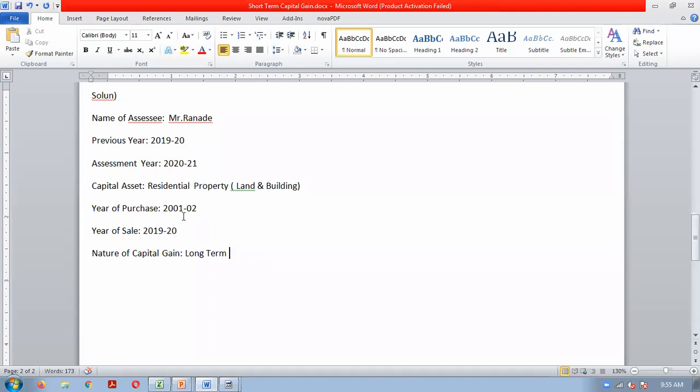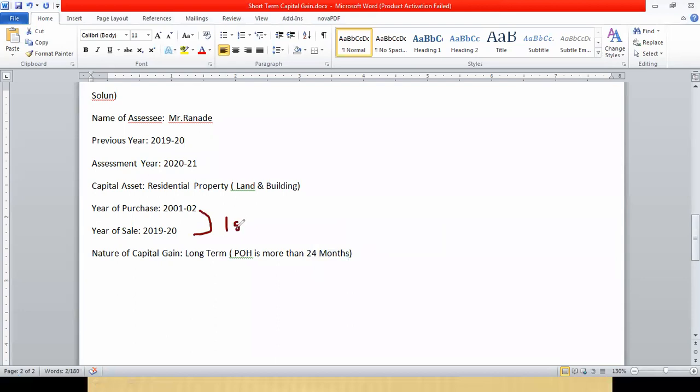It is approximately 18 years' difference from purchase year to sale year. So it will be long term. The reason you can write is period of holding is more than 24 months. Okay, 24 months means 2 years approximately, but here in this case it is around 18 years. So it will obviously be long-term capital gain.